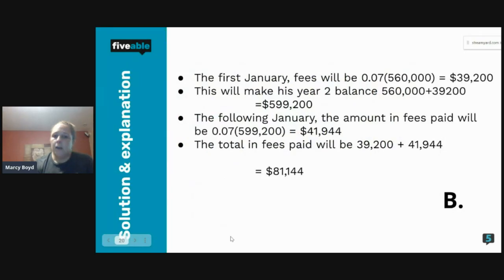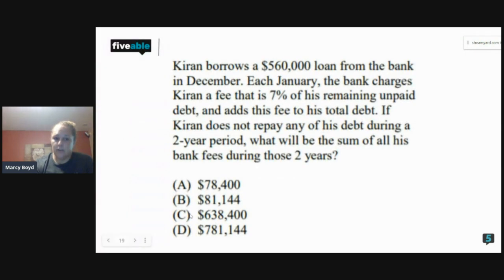Right. Also, the other mistake some students would make is that they would take this and double it. So if they said the 39,200 doubled, that's my 78,400. There is my, I like to tell my students, the best wrong answer, but it's the first one.